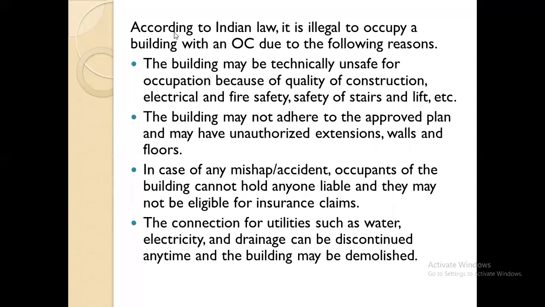For that, the occupancy certificate is a very important document, for getting the insurance claim and all those things also.